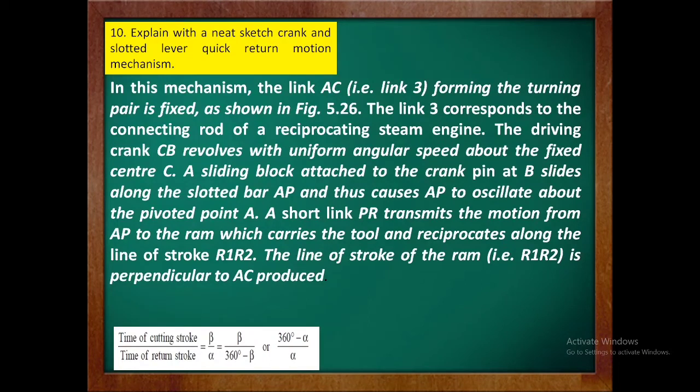The line of stroke of the ram, R1 R2, is perpendicular to AC produced. The time ratio, that is the time of cutting stroke to the time of return stroke, is equal to beta divided by alpha.